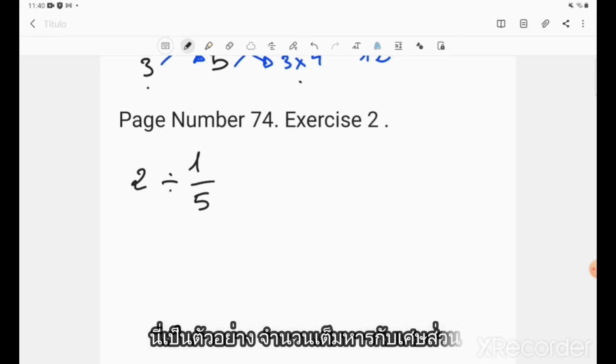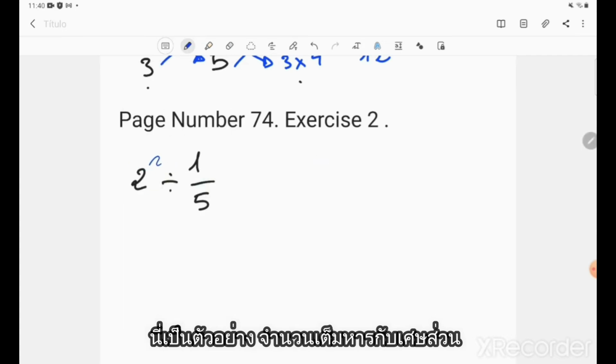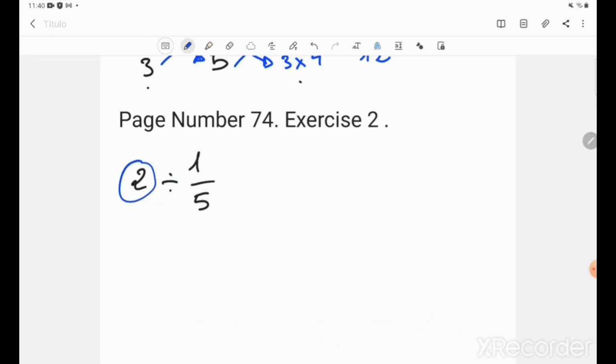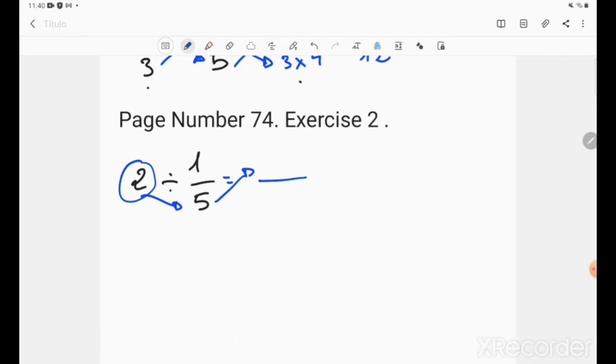Okay, we are going to multiply in X method. Okay, 2, as we know, we can multiply by 5 and write it here, and then number 1 is gonna be the denominator. Okay, number 1 comes here to the denominator.